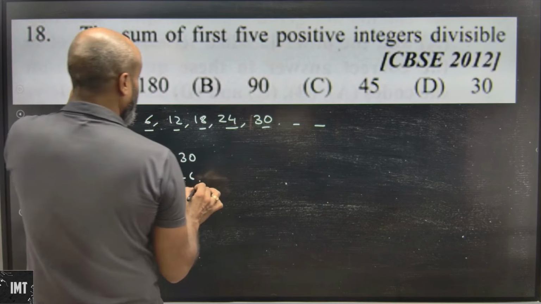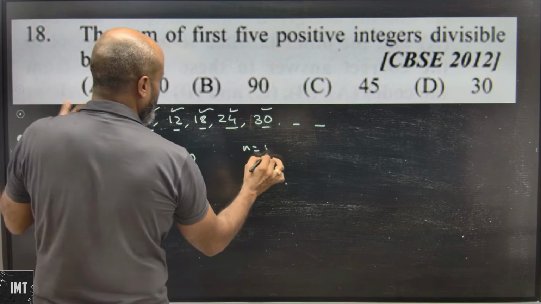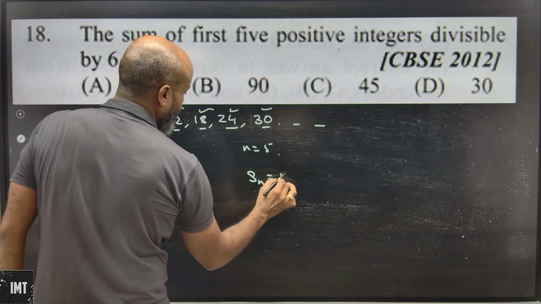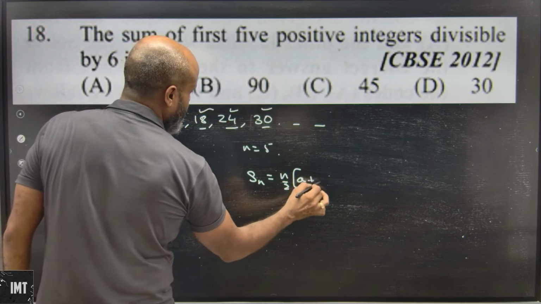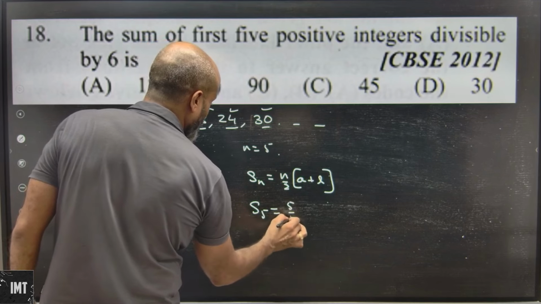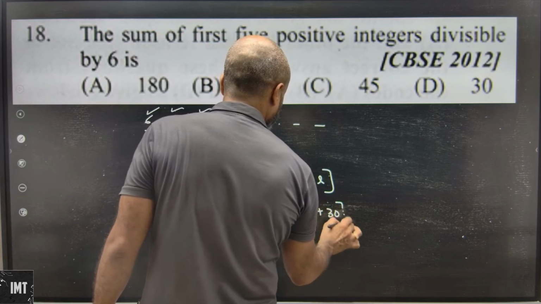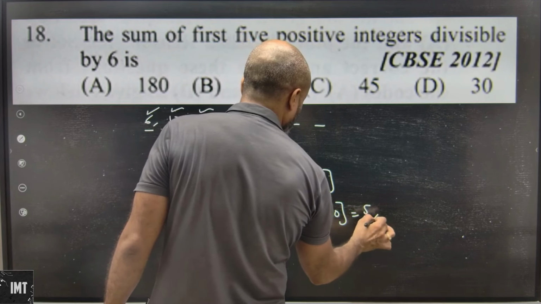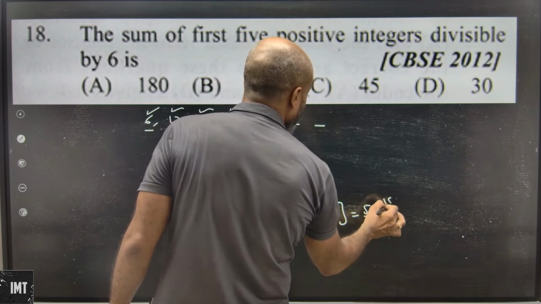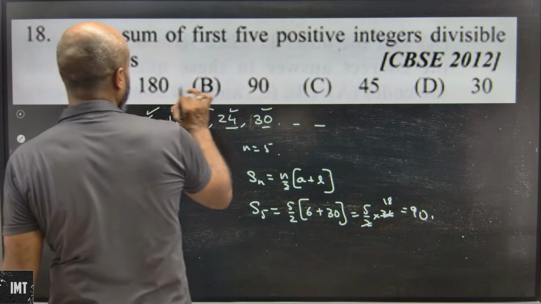How many terms are there? 1, 2, 3, 4, 5. Obviously n is 5. So Sn is n by 2 into a plus l. S5 is equal to 5 by 2 into 6 plus 30, that is 5 by 2 into 36, 18. So this will be equal to 90.